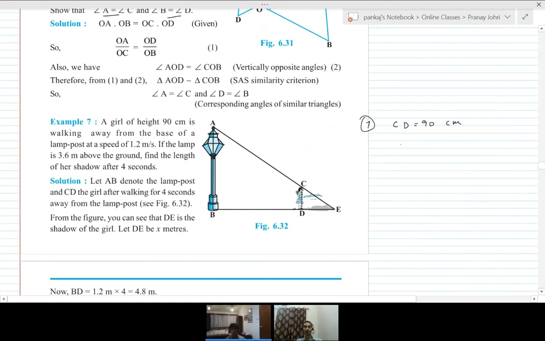And the walking is away from the lamp post.